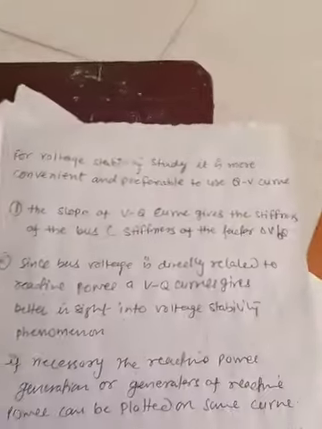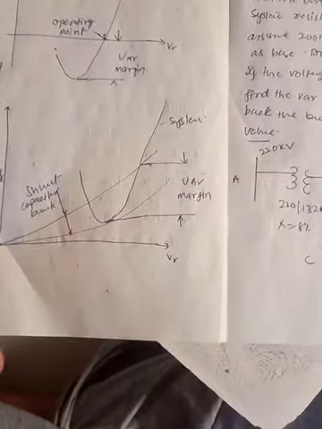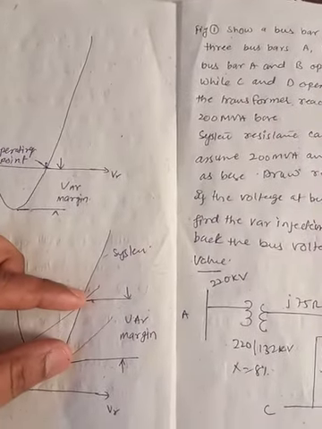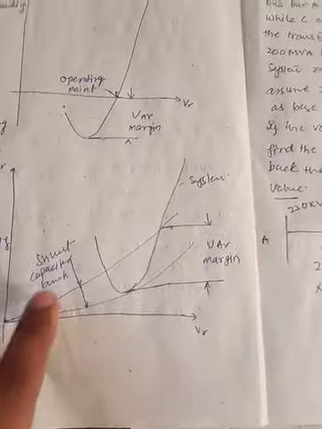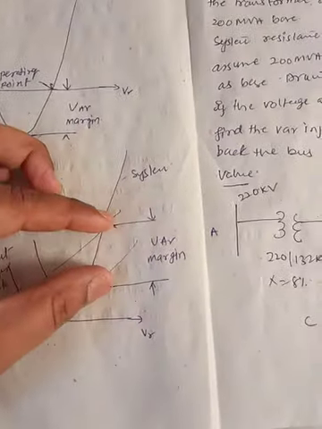So here you can compare two compensating devices, and the one that gives more Q margin is the more suitable compensating device. So these are the characteristics of different capacitor banks, and here you will get the margin. This is one more benefit of the VQ curve.